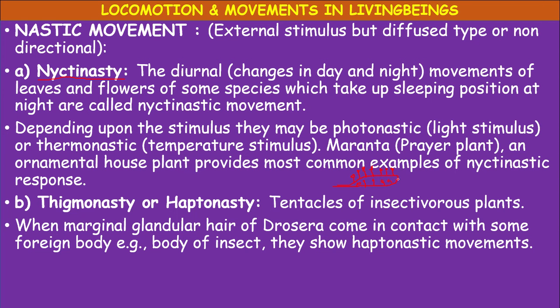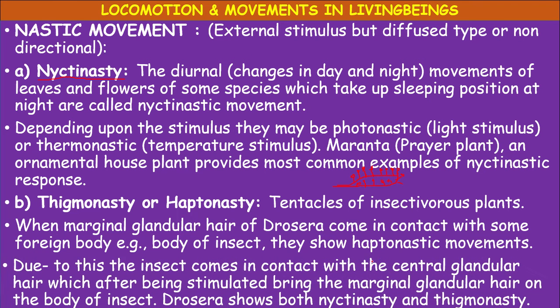For example, Nepenthes is called the pitcher plant. It possesses a funnel-like structure and a lid over it. So when the marginal glandular hairs of the Drosera come in contact with some foreign body or the body of an insect, they show haptonastic movements.